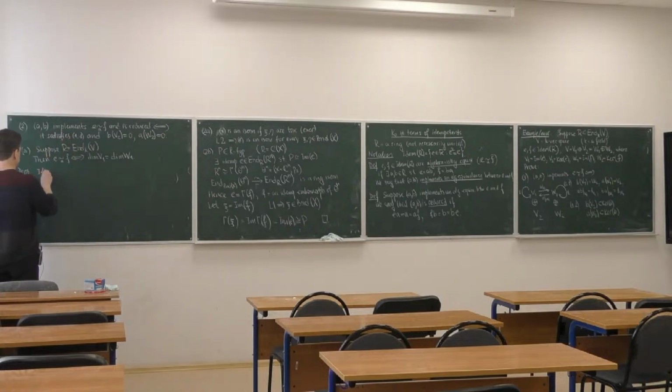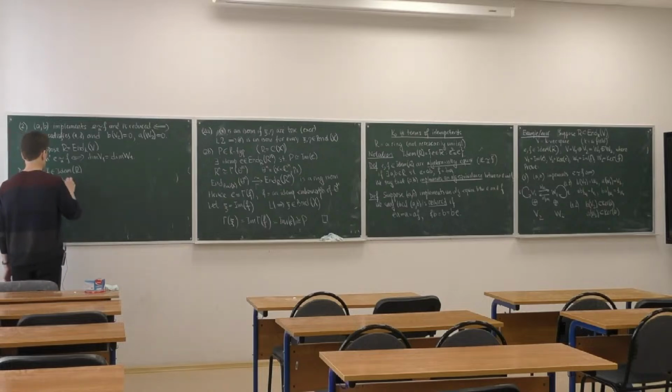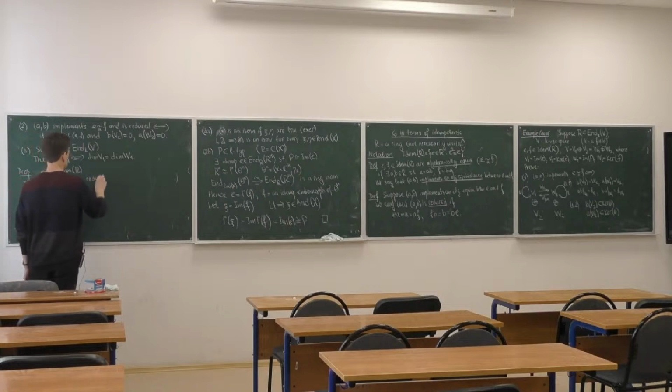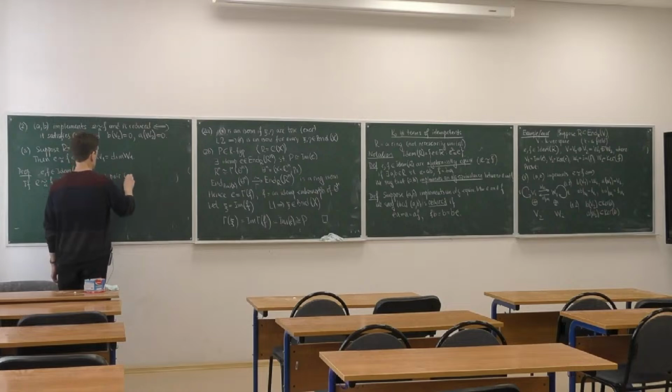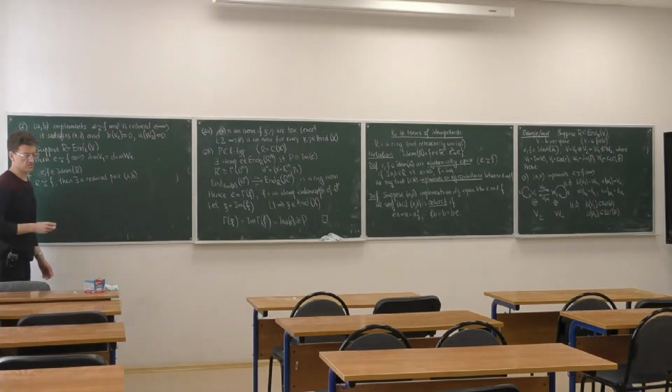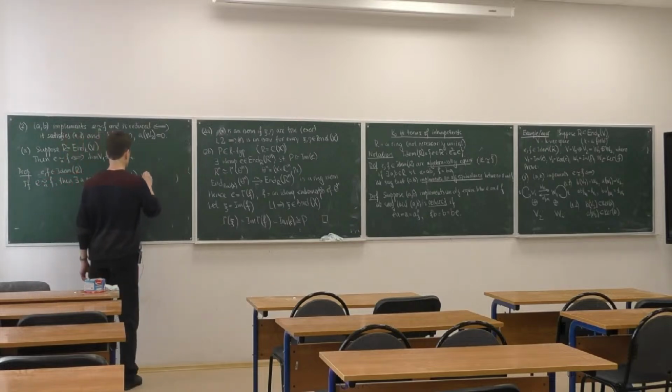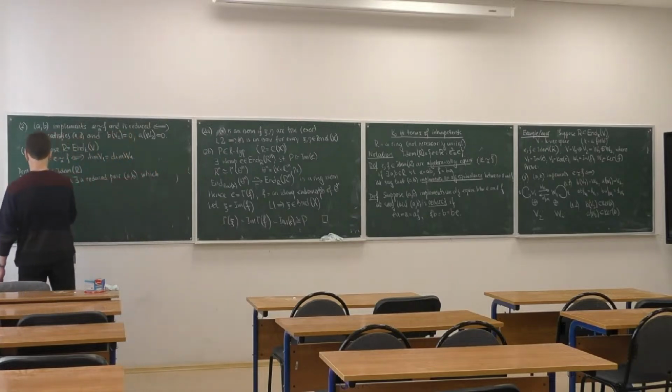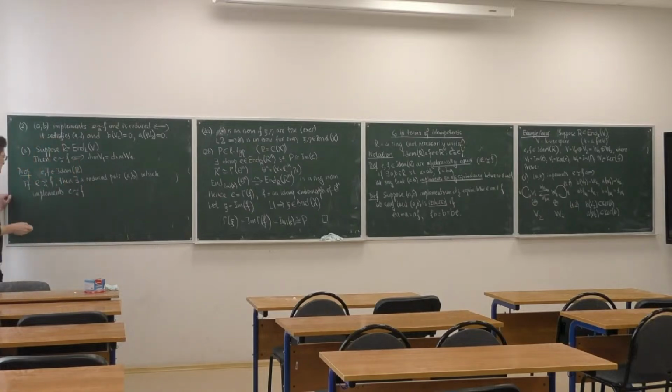I claim that if two idempotents E and F are algebraically equivalent, then we can always find a reduced pair. There is a reduced pair, AB, which implements an equivalence between E and F. The proof is very short.